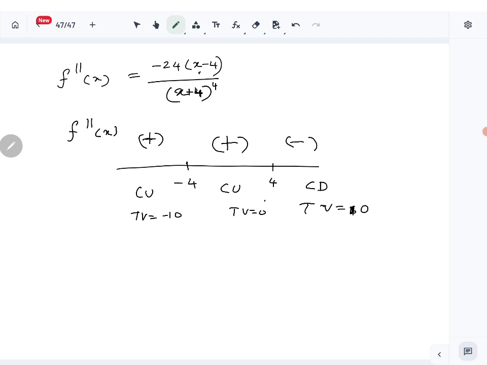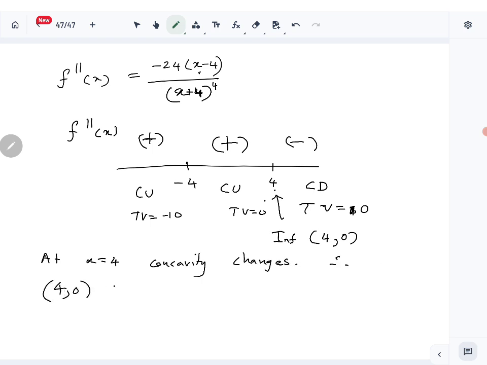So the concavity changes at 4. So this is an inflection point, (4, 0), because the concavity changes at x equals 4. Therefore (4, 0) is an inflection point.